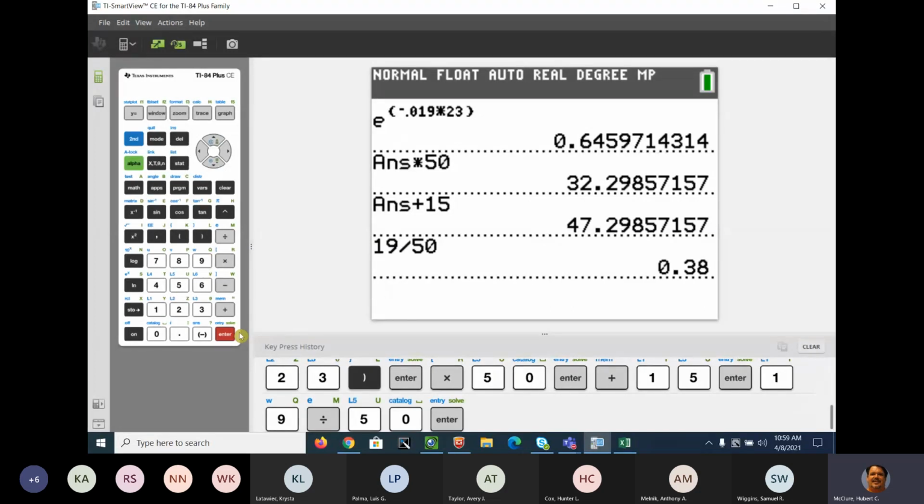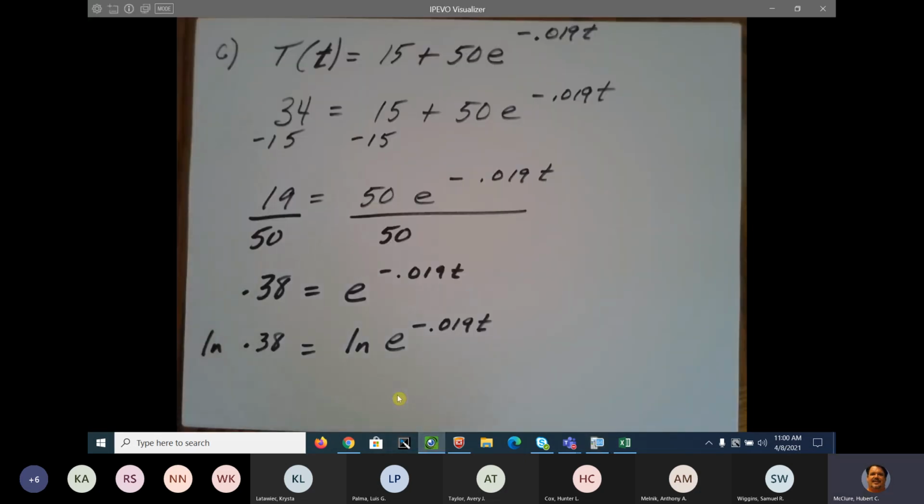Equals e to the negative 0.019 t. Now, at this point, you've got the definition of a logarithm. You could take the natural log of both sides. Natural log of 0.38 is equal to the natural log of e to the negative 0.019 t. Then what happens to the natural log of e?